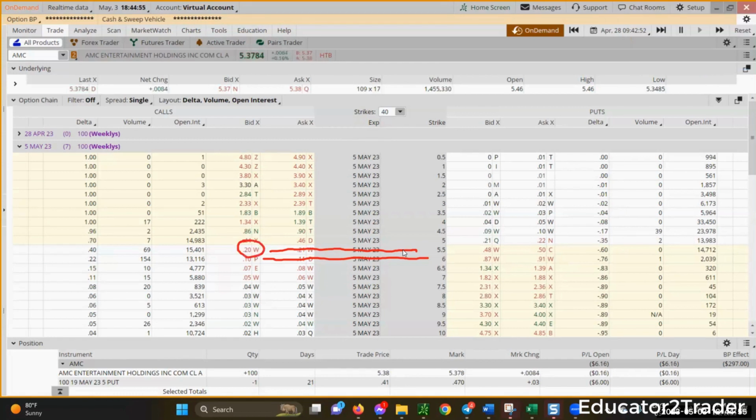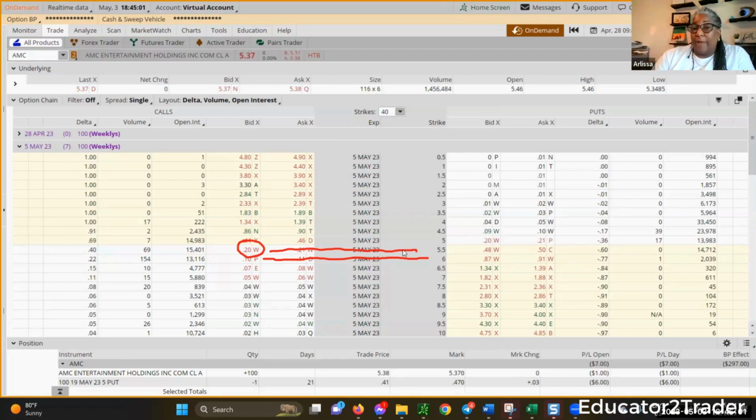Okay. And if the price at expiration goes up higher than your 5.50, the shares will be called away. This is how the wheel works. So let's say we're going to do a 5.5 strike. I need more room.